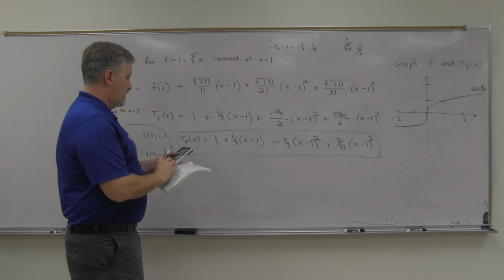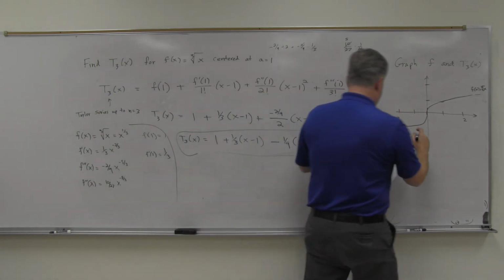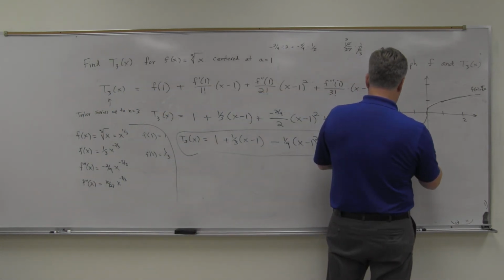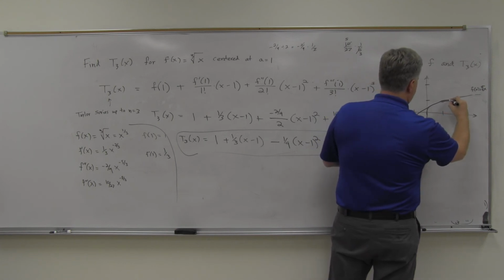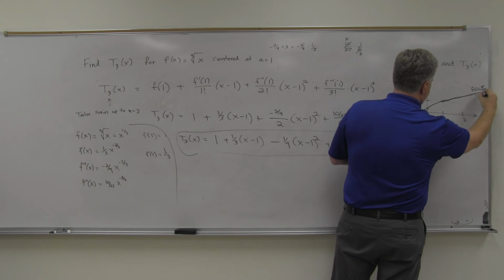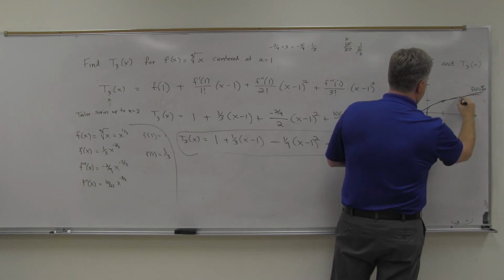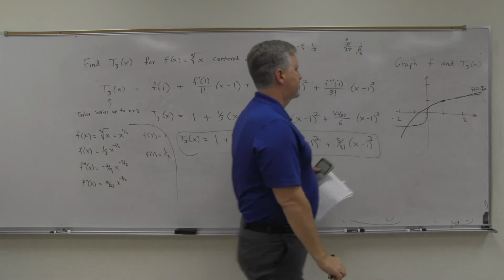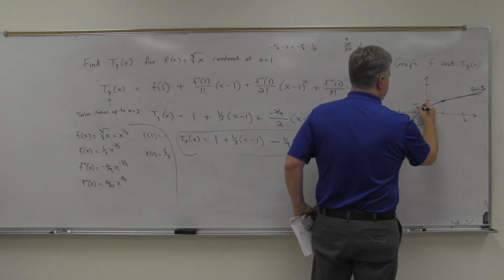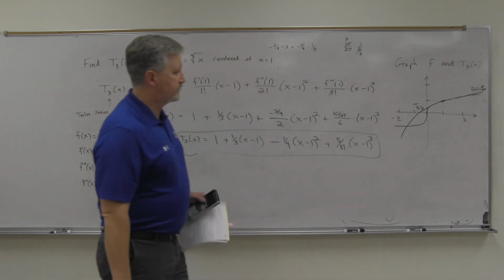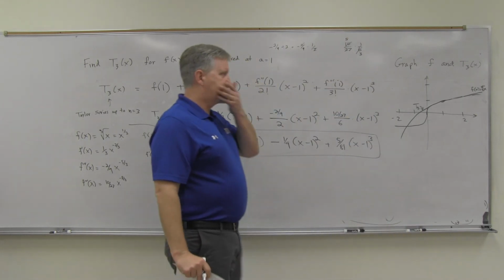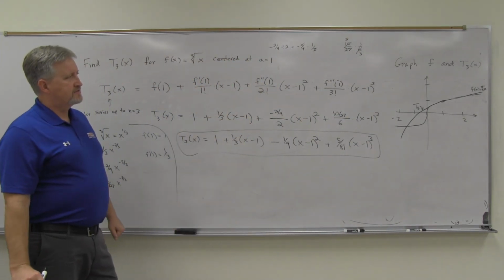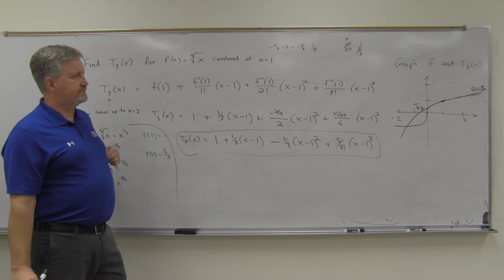And then T3 of x, in this view here, comes in and swoops pretty nicely in along right about here. And it kind of starts veering off, kind of coinciding right about there. So you might say, well, it's matching up for a little bit of it.